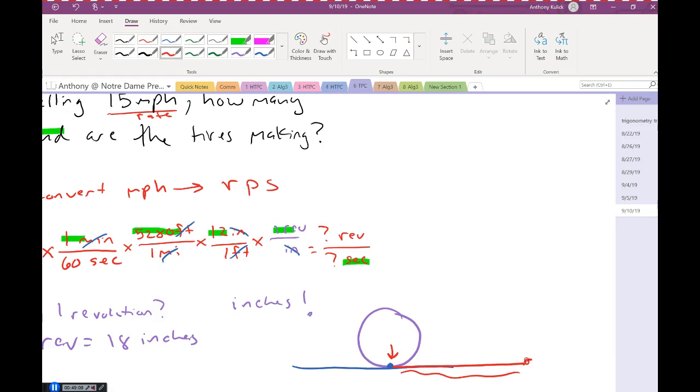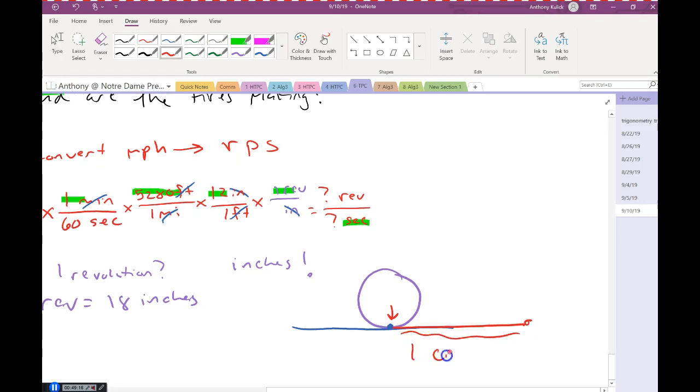How far is that? It's the circumference of the circle, right? It's the distance around the edge, which in our case is 2 pi r, which is 36 pi.